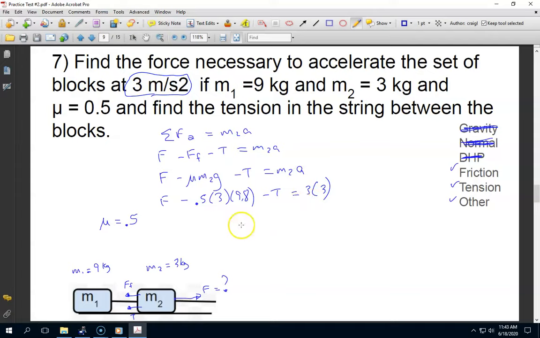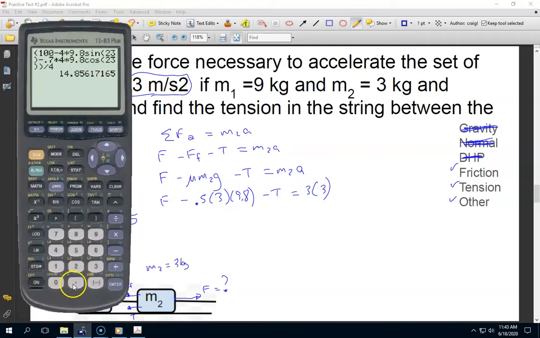All right. So what I think I would do is try to clean this up as much as possible. I'm really tempted to go ahead and get a number for this and add that to both sides. Get all those numbers together just to clean it up best I can. So right here's a negative 0.5 times 3 times 9.8. And that's a negative 14.7.